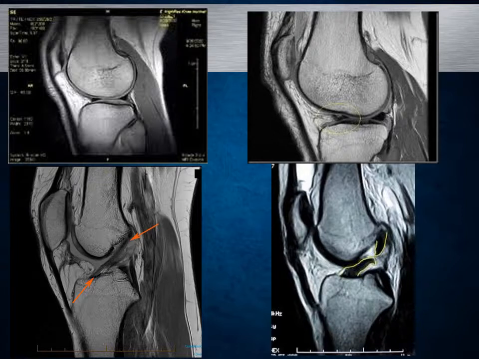So again, just more applications for this. Looking at the spine, vertebral body, vertebral disc, vertebral body. But see this area here, that's not the same as this one.